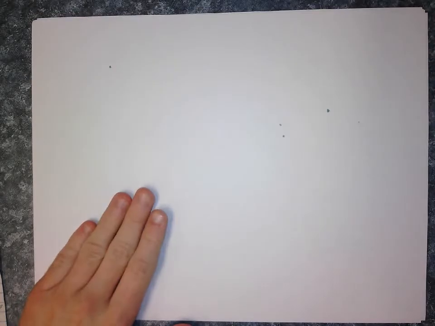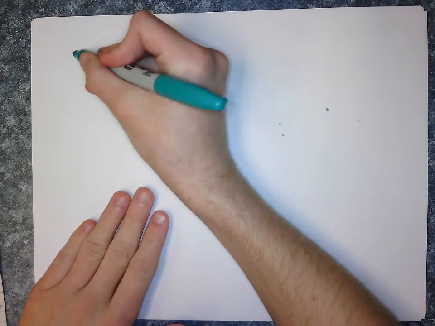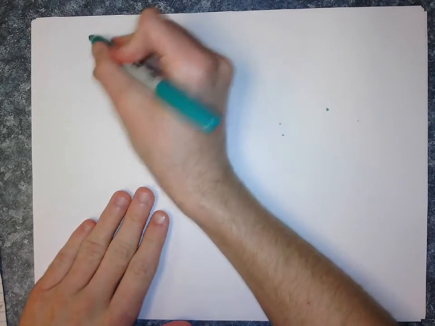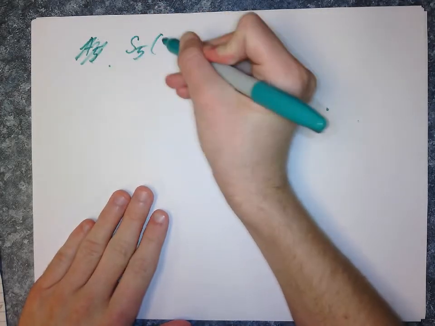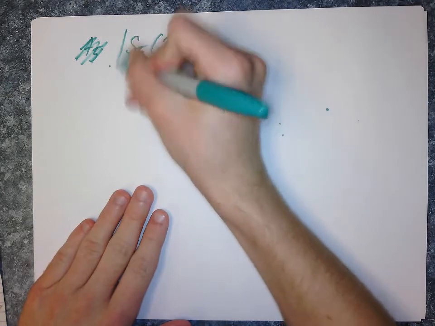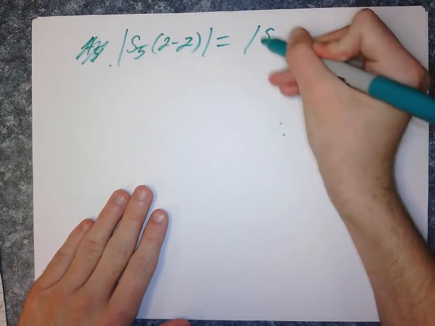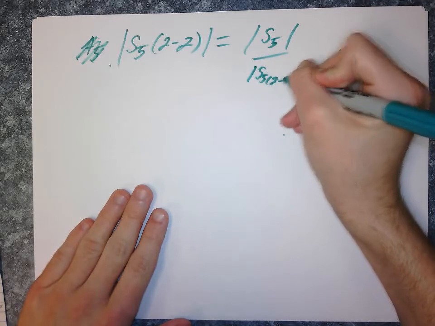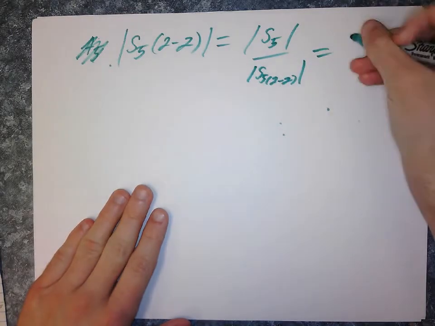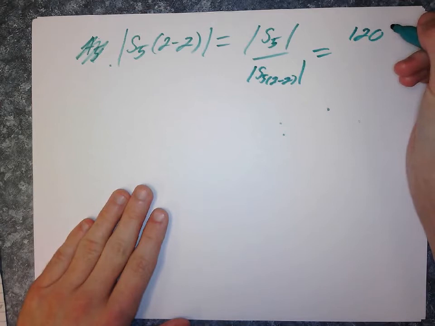So let's just check these 2-2 cycles quickly, hopefully. Okay, so again, skipping a lot of steps, it's S5. Now it's going to be 2-2 cycles, which is now S5 over the centralizer in S5 of a (2,2) cycle. So it's going to be 120.